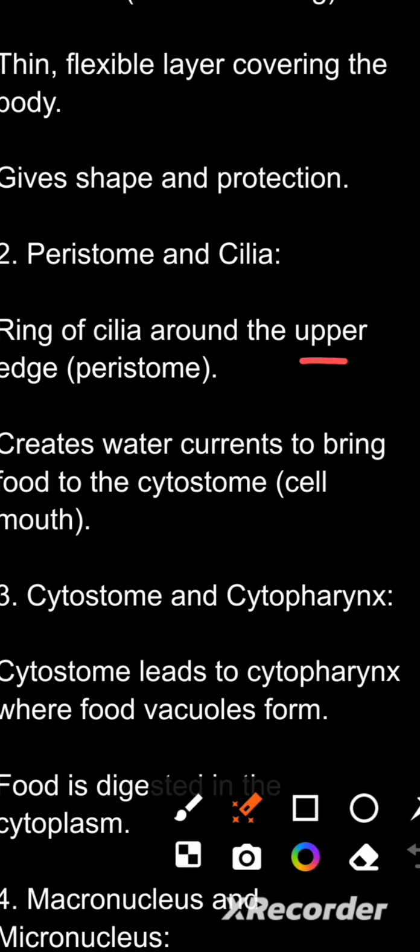The ring of cilia around the upper edge is the peristome, and the cilia create a water current to bring food to the cytostome or cell mouth.